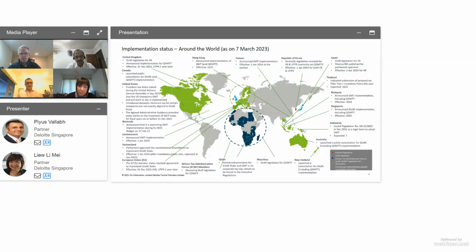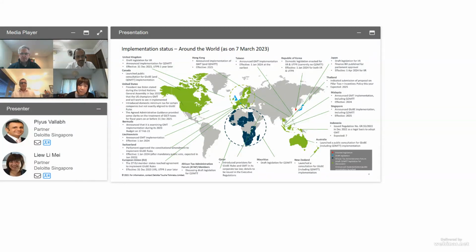Others have launched a public consultation of the GloBE implementation rules, and the examples there are Australia and New Zealand. And others have indicated their intention to introduce or implement the GloBE rules. So countries such as Singapore, Hong Kong, Malaysia, Indonesia, Thailand all fall within that bracket, and the implementation dates are likely to be between 2024 and 2025.